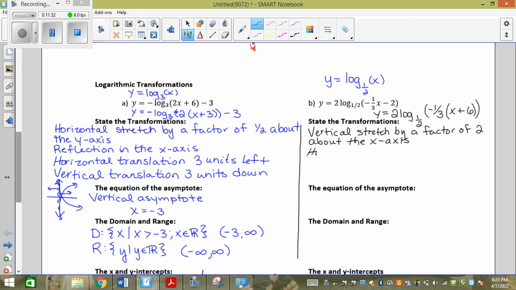You have a horizontal stretch by a factor of 3 about the y-axis. The negative is with the x, so it's a reflection in the y-axis.